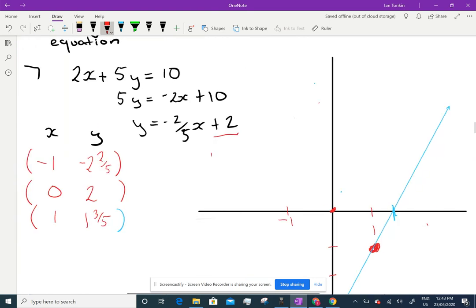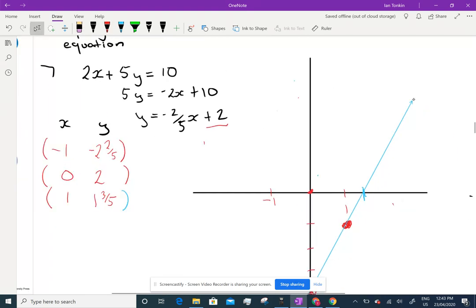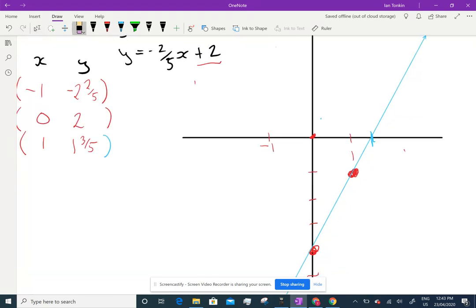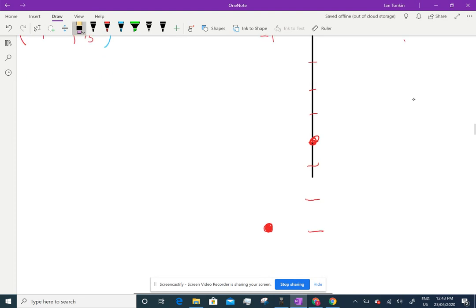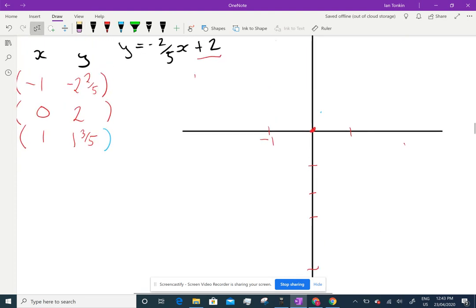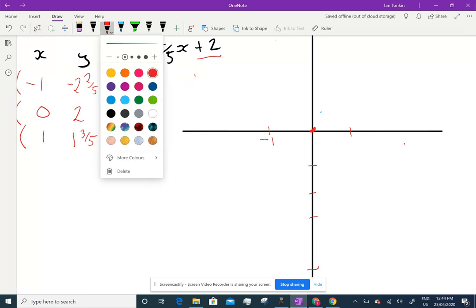I go over to my graph. I get rid of that previous line. I'll leave that in there. Get rid of these. If the eraser starts working. Right. So -1 and 2 2/5.